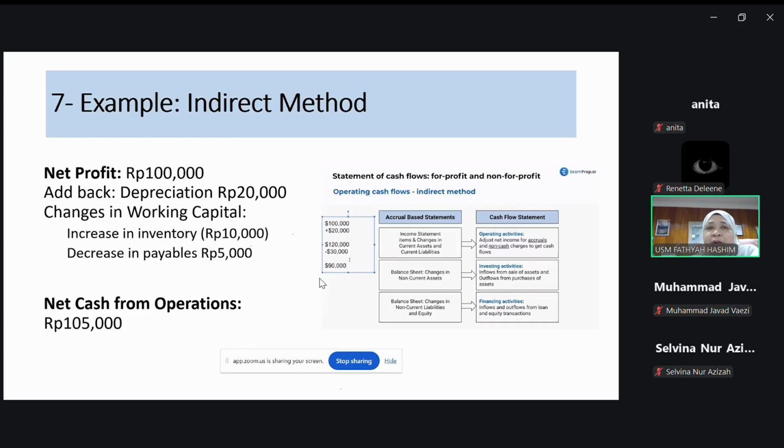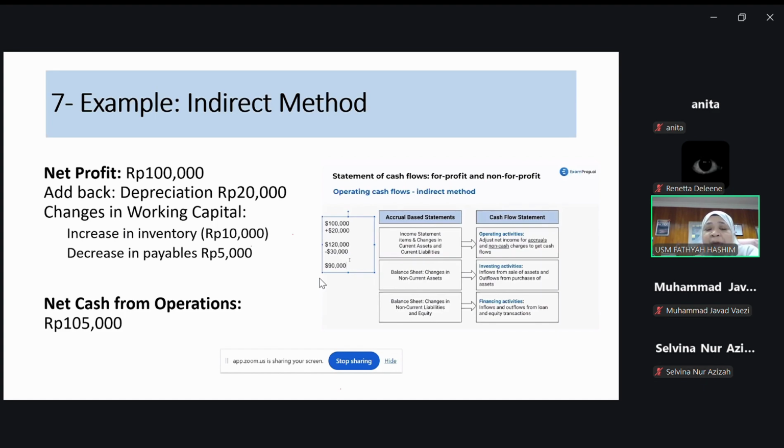And then look at payables. There is a decrement in payables. Payables means current liability, something you owe, where you are delaying payment. If there is a decrease in payables, it means you have made more payment compared to the beginning period.